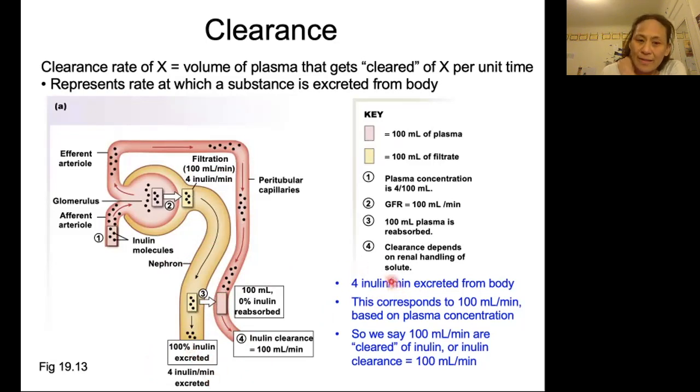That 4 inulin, based on its concentration, corresponds to 100 milliliters. So it's like saying we took that 100 milliliters and we cleared it completely of inulin. So we say that the clearance of inulin is 100 milliliters per minute.